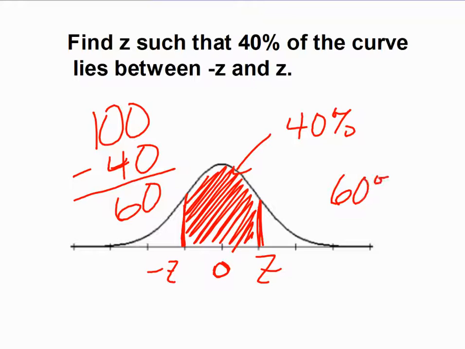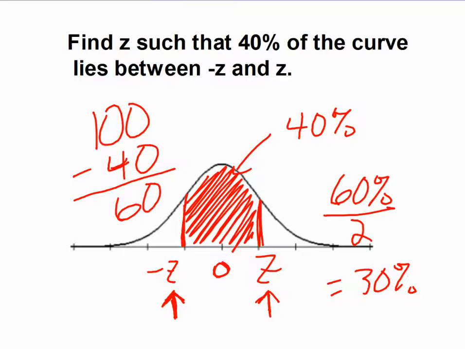So 60% divided by 2, we're going to do 30%, and that's going to give us a negative z value. But then, just like you saw with the 15%, the negative z value is going to mirror the positive z value. So by getting the negative, we get the positive as well.